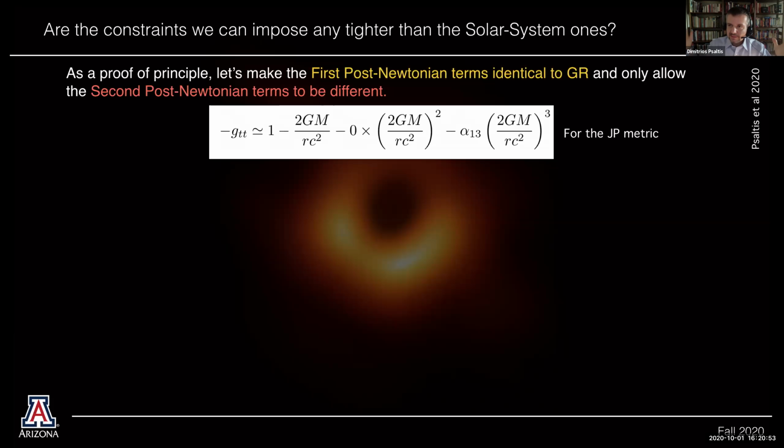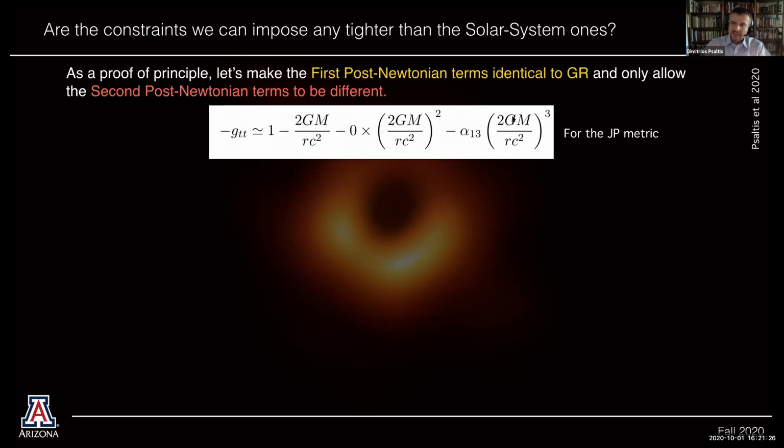Let's take the full machinery again, all the bells and whistles of those metrics, and tune the parameters such that the terms that you can test with the solar system, what we call the first post-Newtonian terms, are identical to GR, something that you have never detected in the solar system. And I allow things to be different only when I go to second and higher post-Newtonian orders. So Minkowski, Newton, zero first post-Newtonian, non-zero second post-Newtonian term.